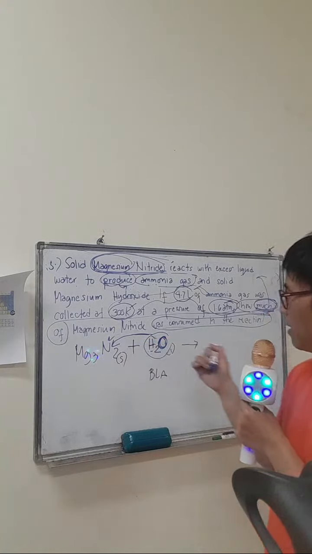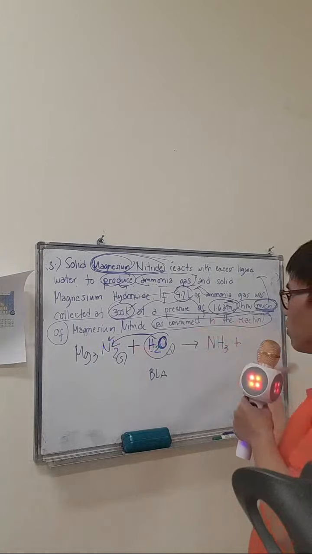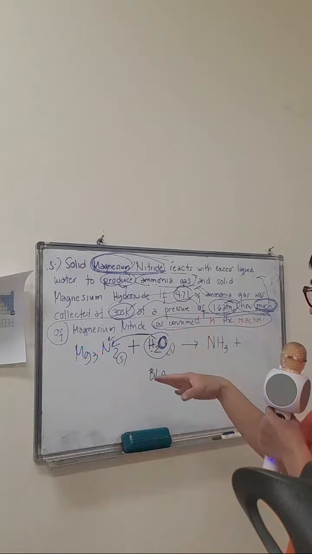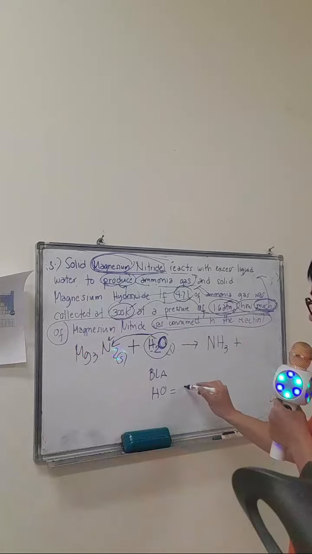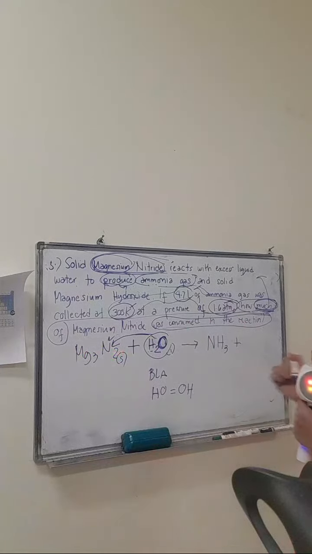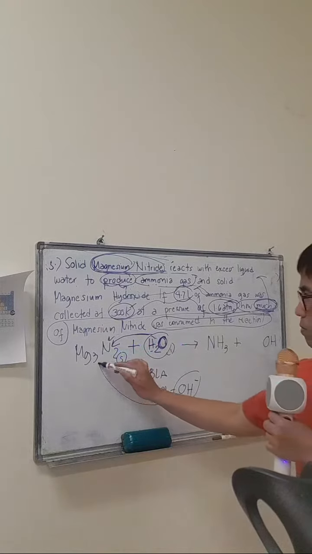Then it will produce ammonia. And since the hydrogen proton is going there already, what's left is HO, which is the same as OH. So plus OH. But since this is double displacement, we need to attach the negative OH to magnesium.